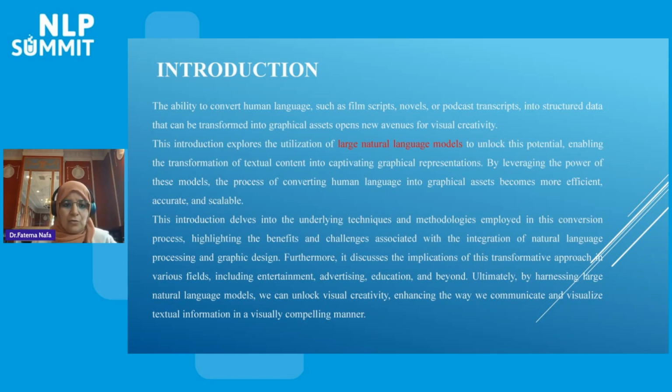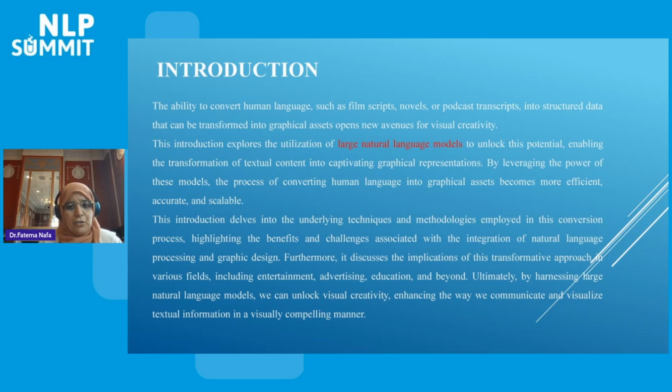As an introduction, the main goal of this talk is converting human language to images. By human language, we mean any written script in English, which we can find in different resources, in podcasts, in scripting for videos, any type of video.